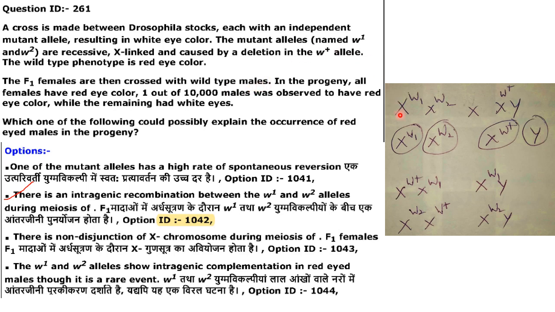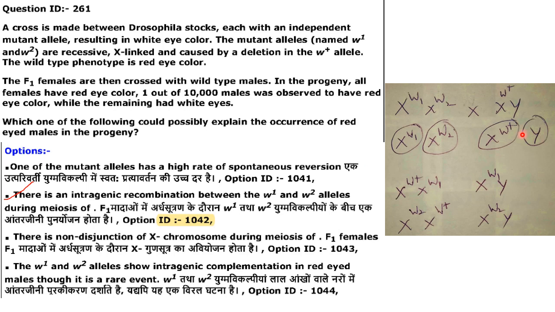So this is the Drosophila mutant having the alleles XW1. The F1 females are then crossed with the wild type male. So this is the F1 female, XW1, XW2, and it is crossed with the wild type male, XW plus and Y.